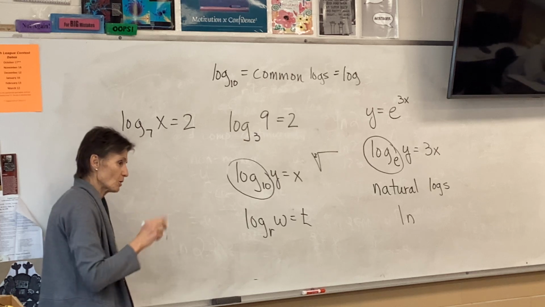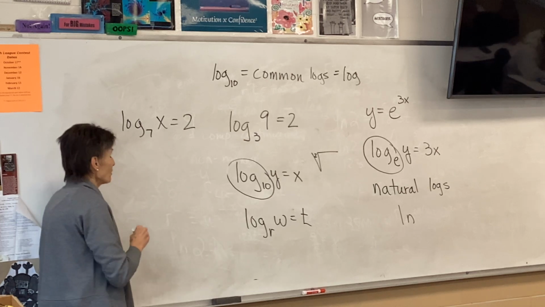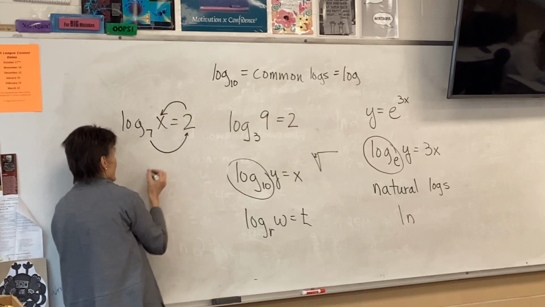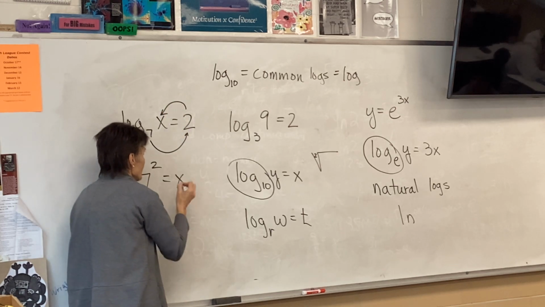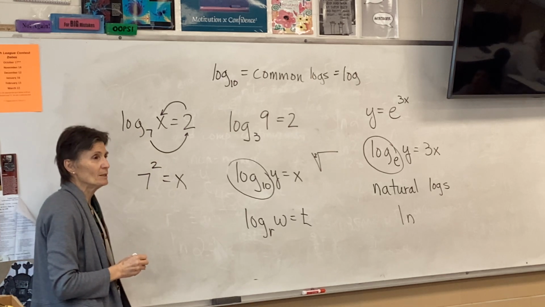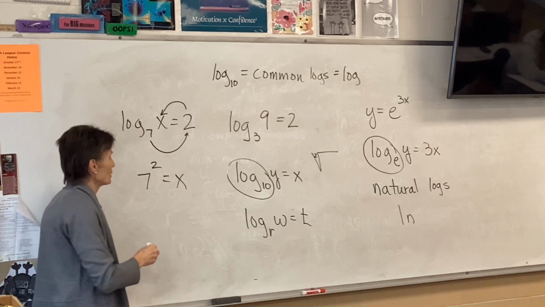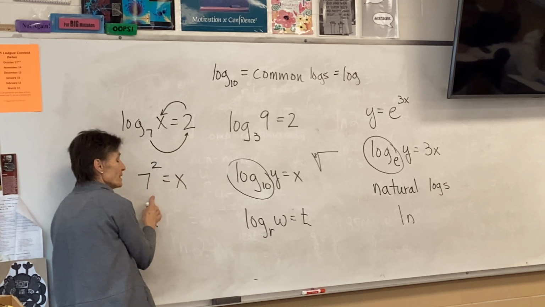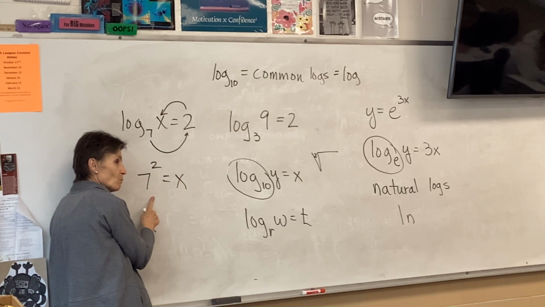We had different teachers call it different things. I call it log rolling. 7 to the second equals X. Some people call it loop-de-loo. Whatever you want to call it, somehow you got to translate the logarithmic equation into the exponent form.